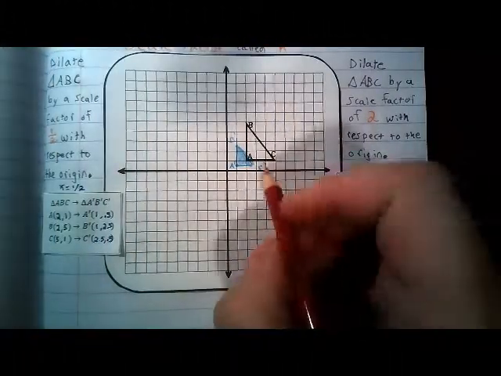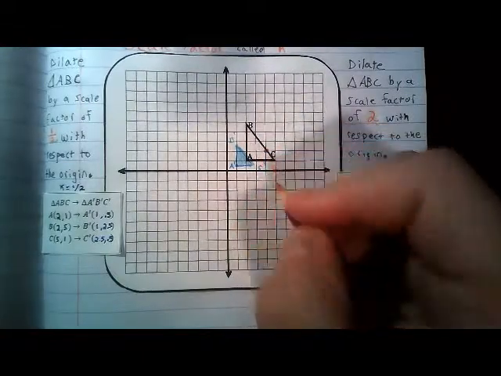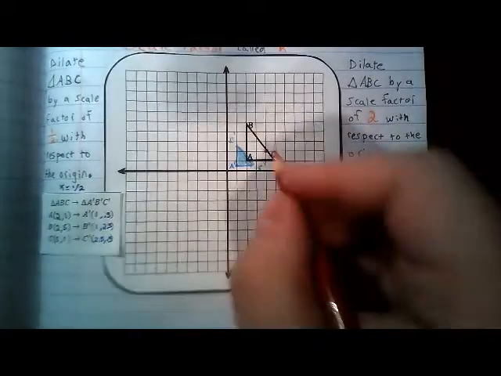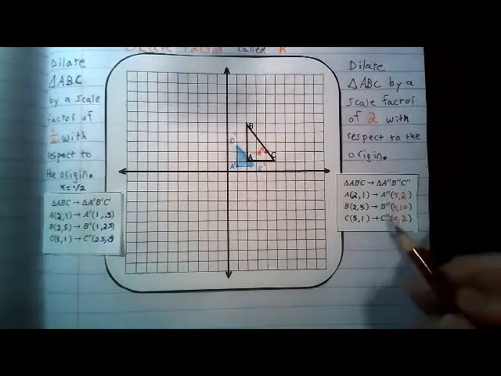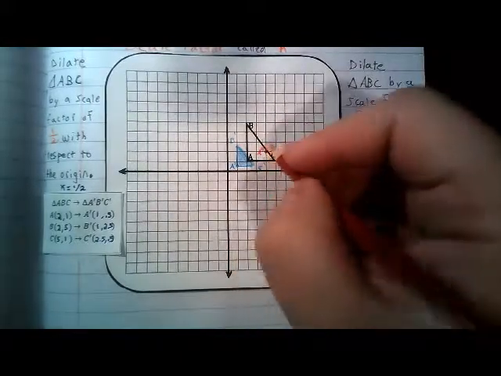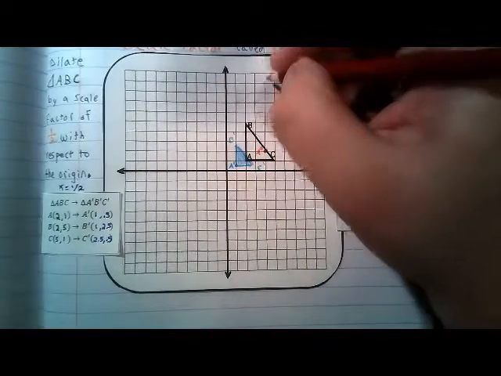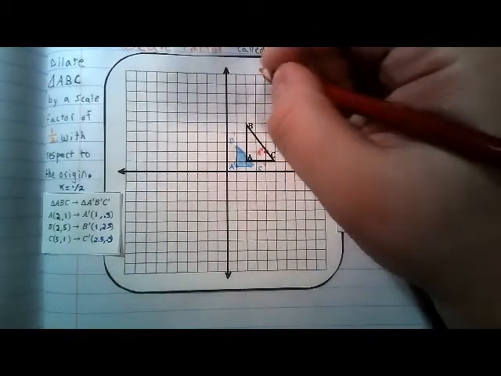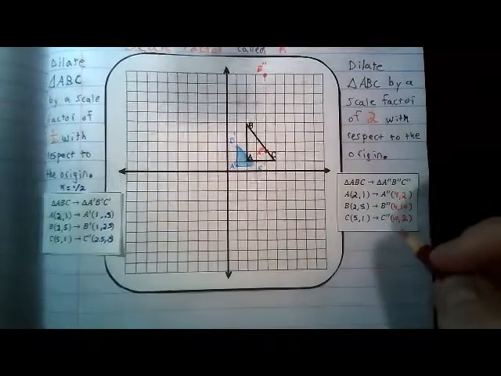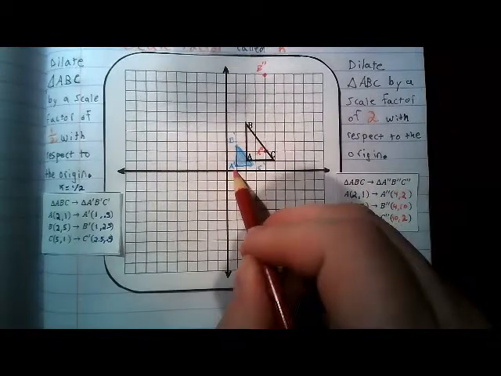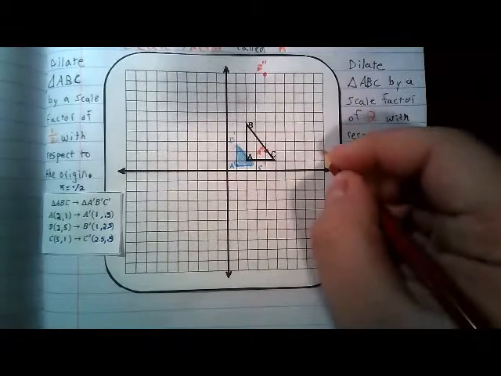So we've got 4, 2, that's 1, 2, 3, 4, 1, 2. Practically right on the triangle. And this is A double prime. And then we've got B at 4, 10. 4, 1, 2, 3, 4, 5, 6, 7, 8, 9, 10. That's right at the top. And that's B double prime. And finally C is at 10, 2. And that's 1, 2, 3, 4, 5, 6, 7, 8, 9, 10, and then up 2.